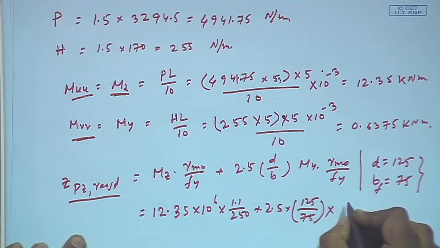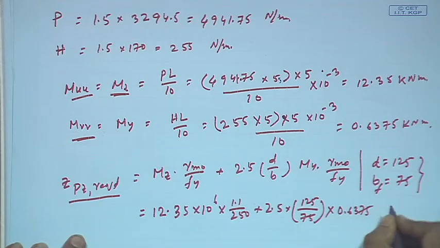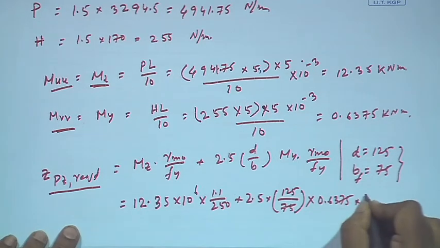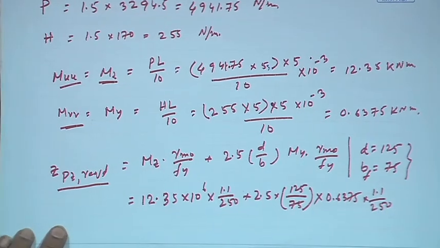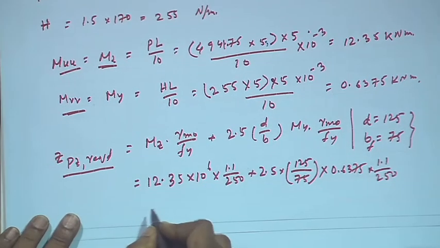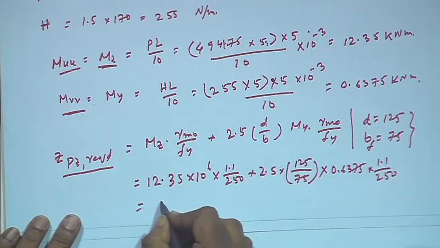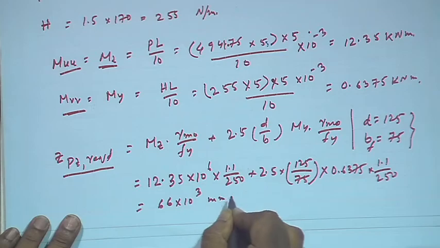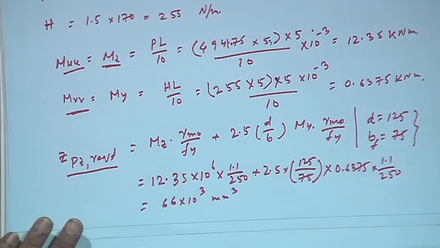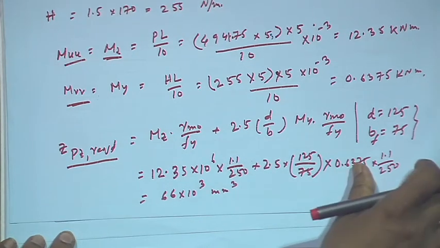My we have 0.6375 into 1.1 by 250. So, this is how the Zp required can be found as 66 into 10 cube millimeter cube. On the basis of this approximate plastic section modulus, we can choose a section.